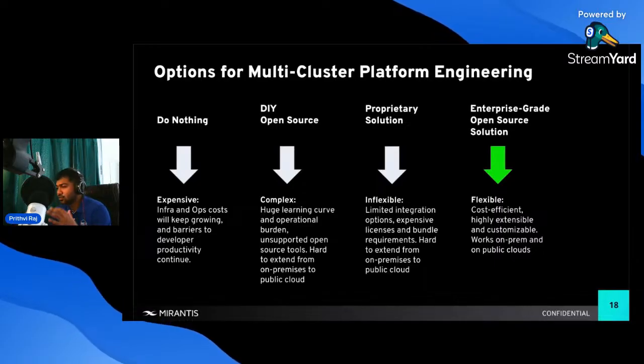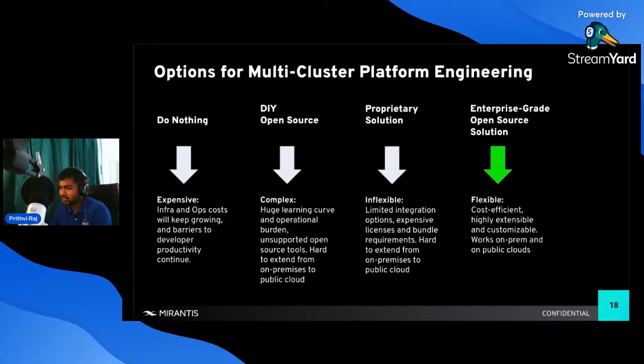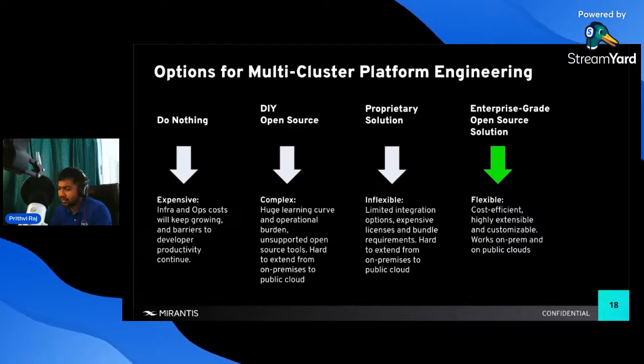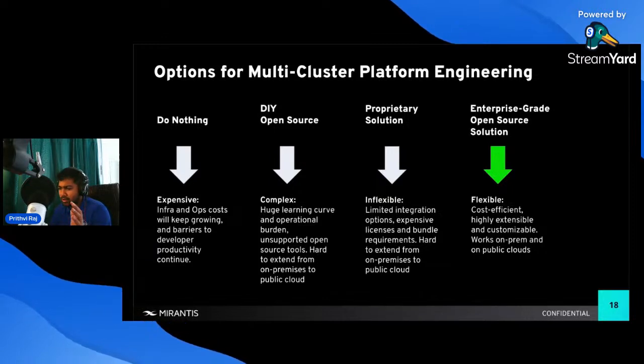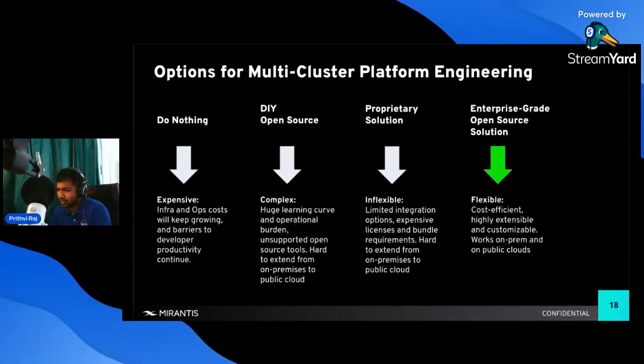The second thing is, do it yourself. Have Cluster API in place as your cluster manager, have a state manager, integrate Grafana, Prometheus, Drone or Jenkins, integrate multiple tools. There could be, let's say, a Kubecost for your costing.